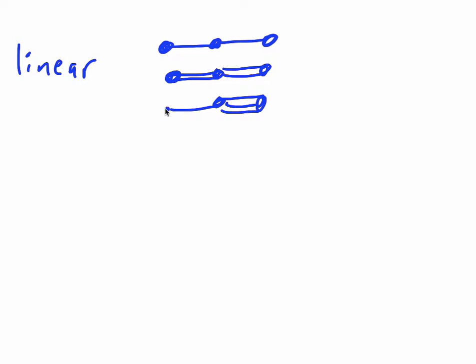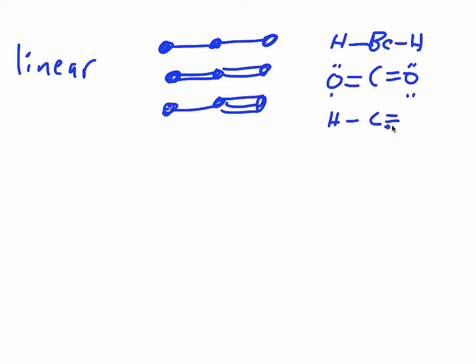Obviously, this bond can be on the other side, but the characteristic of a linear shape is the lack of any lone pairs on that central atom and just two external atoms. So some examples of this, one is BeH2, the other one could be CO2, and another example of this is hydrocyanic acid, HCN.